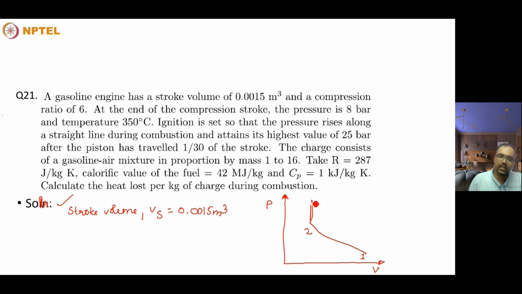So the heat addition will be constant volume, so a straight process. But in this particular problem, it need not be. The maximum pressure will be attained after it traveled 1/30th of the stroke. So in this particular problem, there is a slight difference.